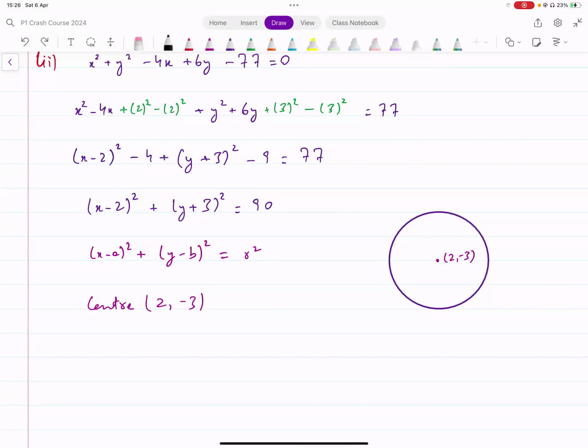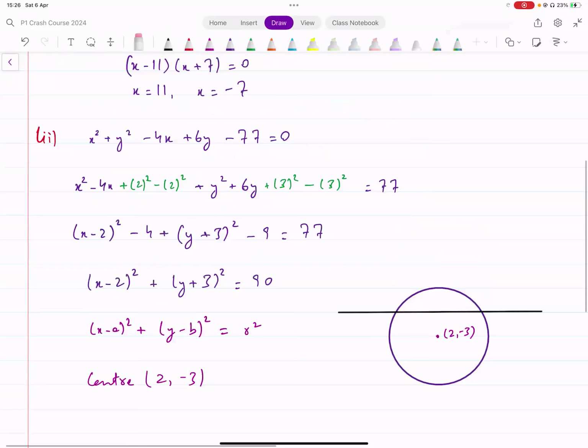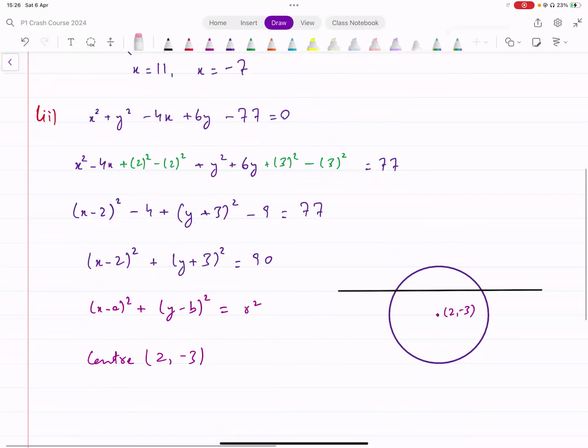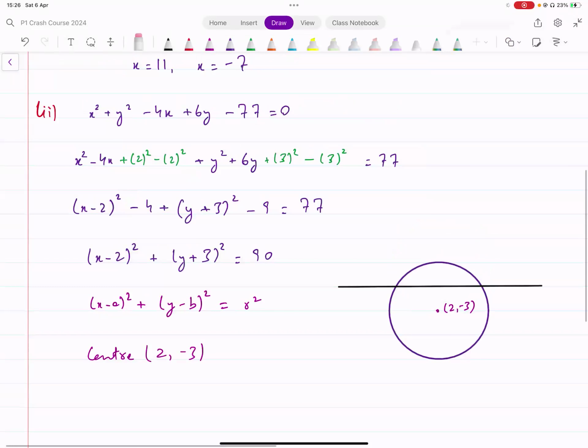So where is the x-axis going to be? The x-axis is going to be above the center, so it's going to look something like this. This is your x-axis. And we know the coordinates of the x-intercepts. This point is supposed to be 11, and the other point is supposed to be -7.